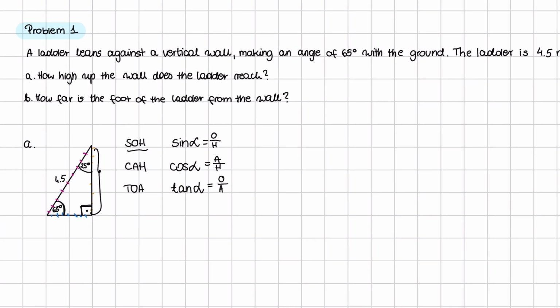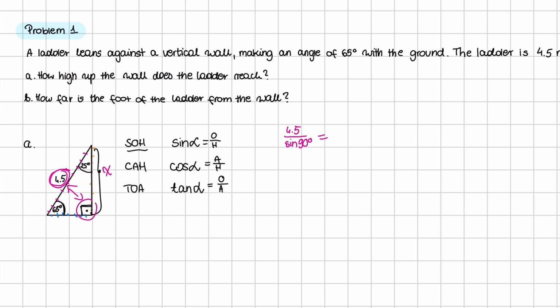So we can try it out by using the sine rule. We take this 4.5 over sine of the angle against this length, so sine 90 degrees, and we're looking for this length.